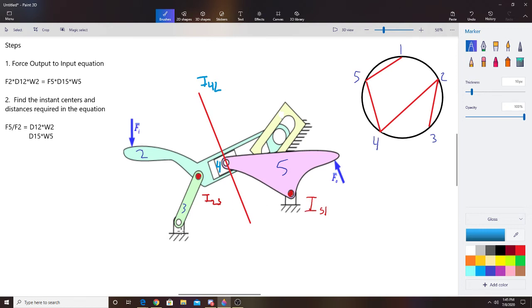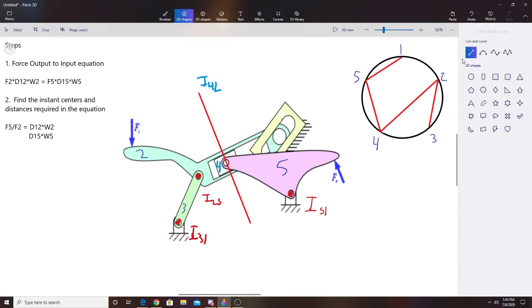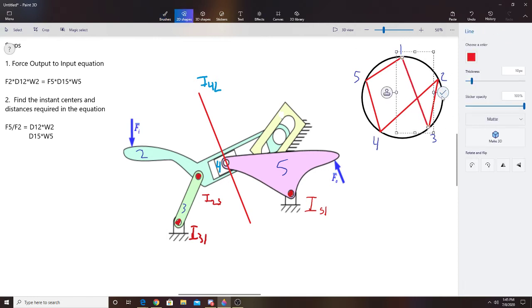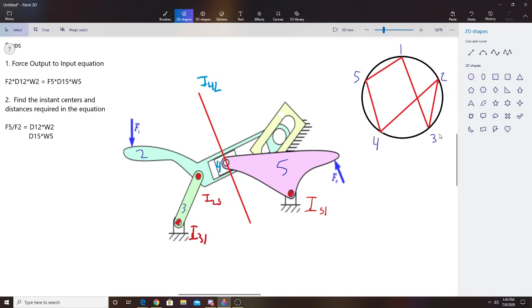What else have I gotten? I31 is right here. It's right there. So I31. We have I51. I34 we don't have from what I can see.